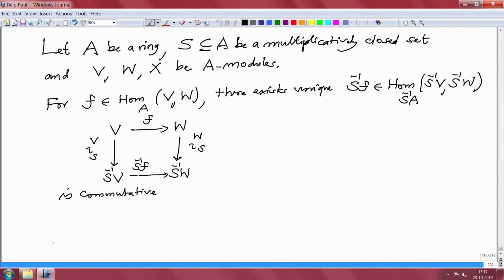And we also saw that they satisfy the functorial properties.